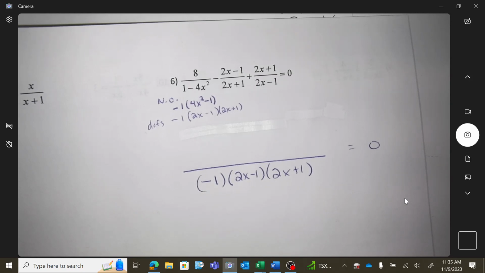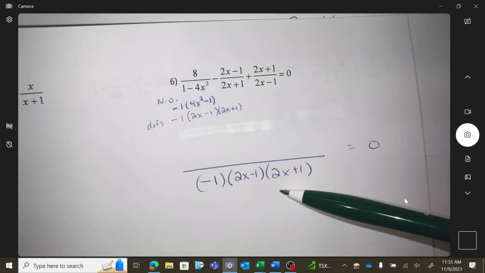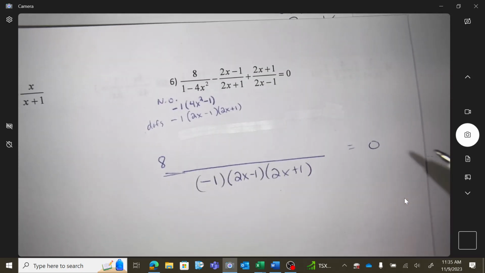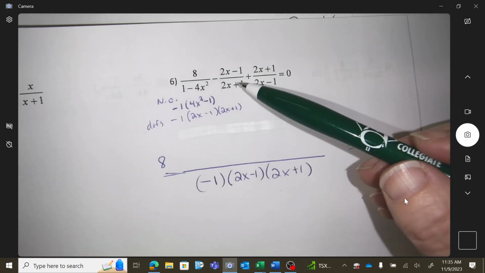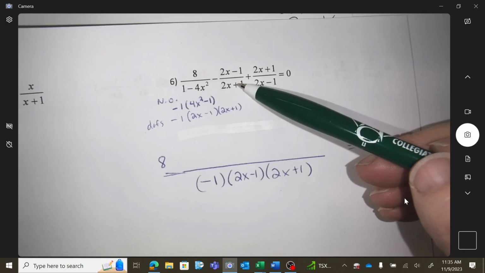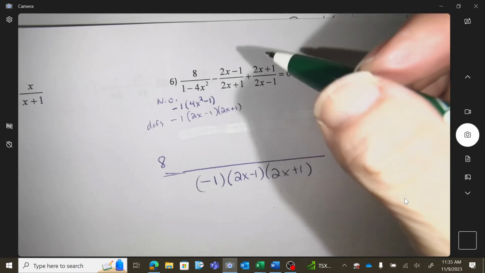Okay. From this bottom to the new bottom, what happened? Nothing. 8. From this bottom to this bottom, what happened?